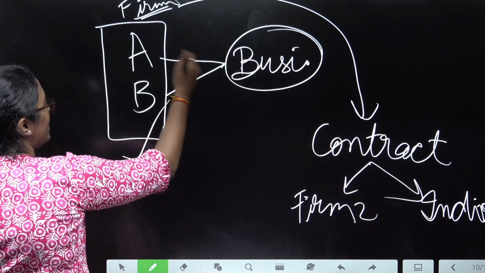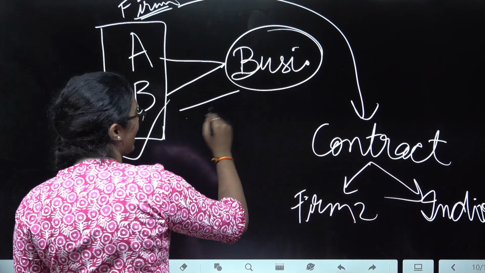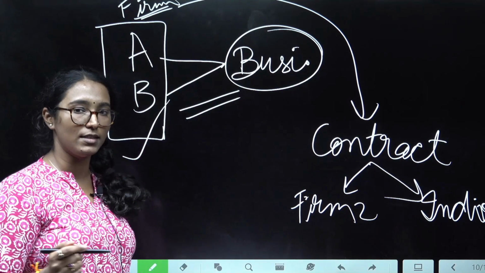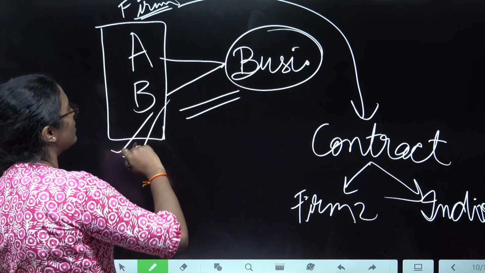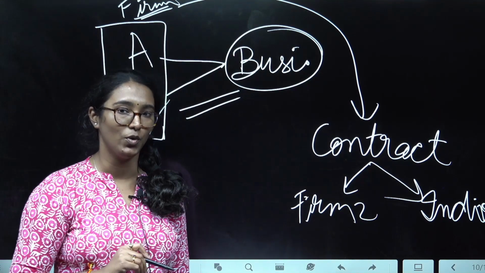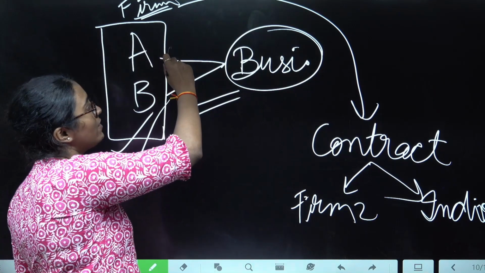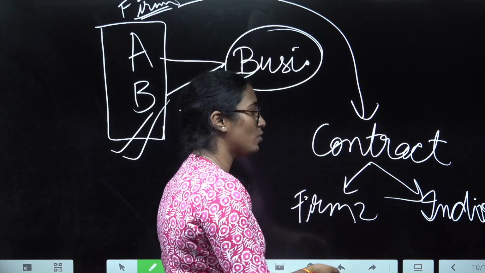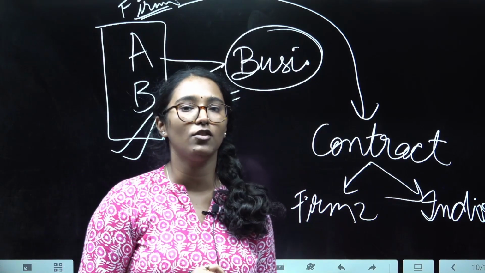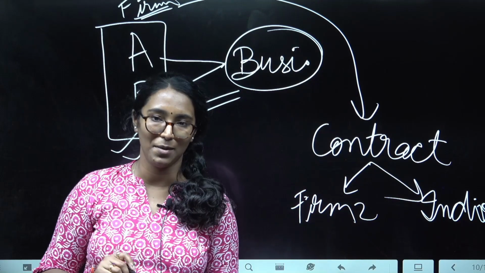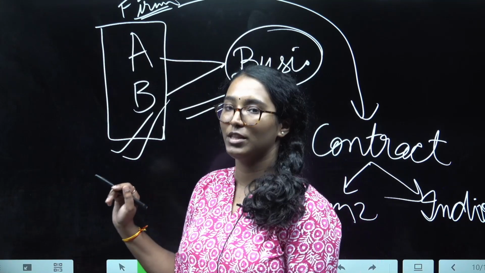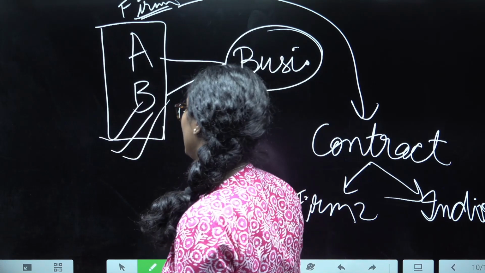Here, their interpersonal relationship, their rights and liabilities of the partnership and their duties towards the third parties, etc., will be governed on the basis of the Indian Partnership Act of 1932. But when this firm enters into contracts with firm number 2 or other individuals, then the provisions of Indian Contract Act are still very much applicable, provided that they are not inconsistent with the provisions of Indian Partnership Act 1932.